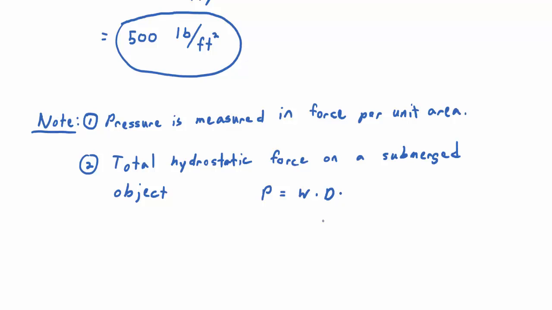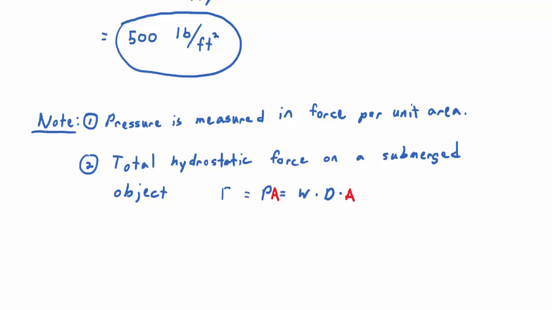Well, if we multiply both sides of this equation by area, in other words, get rid of that per square foot, or per whatever it turns out to be when you calculate the pressure, then that should give us the total force.